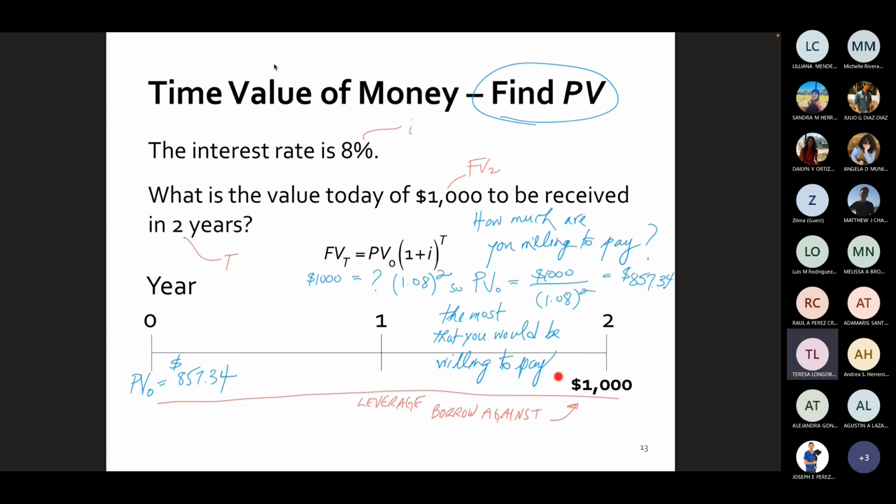I know I'm going to have $1,000, so how much could I borrow right now? Well, I could borrow $857.34. That's the value of it today, and I can do whatever I want with it, and then I know I'm getting $1,000 in 2 years and pay it back.